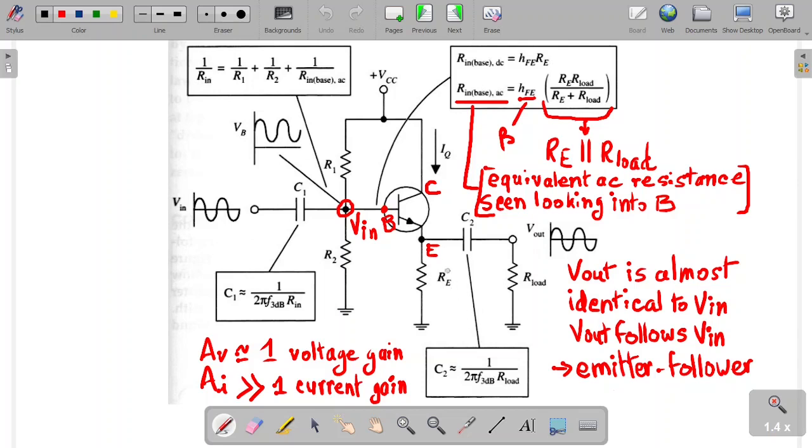I'm going to go into detail on how you get this formula. So Rin base AC equals hFE, which is beta, the transistor gain, times Re, which is here, the R load. So basically this is Re in parallel with R load. But let's look into how you compute that.